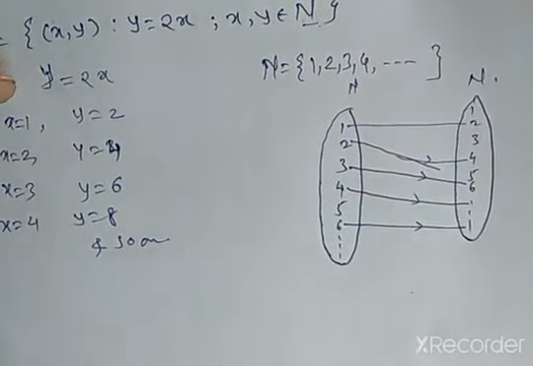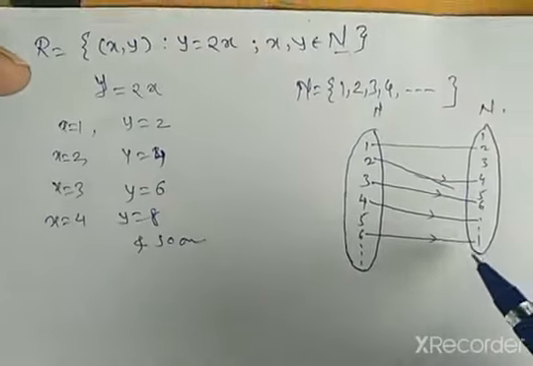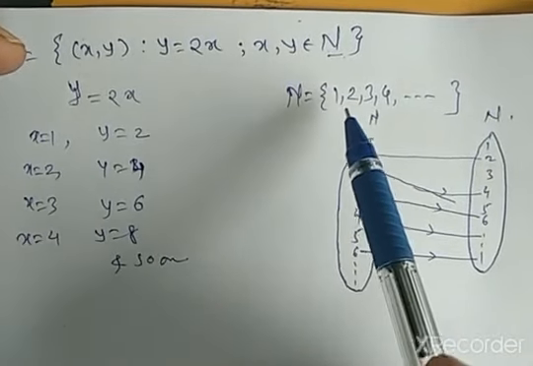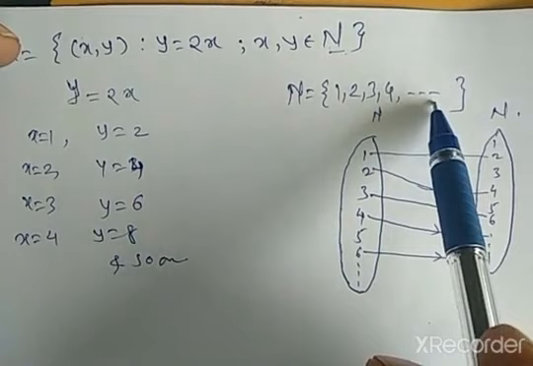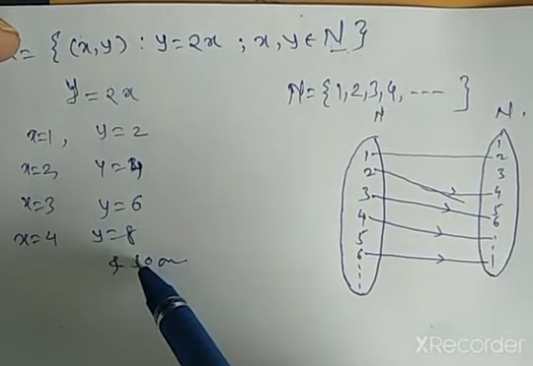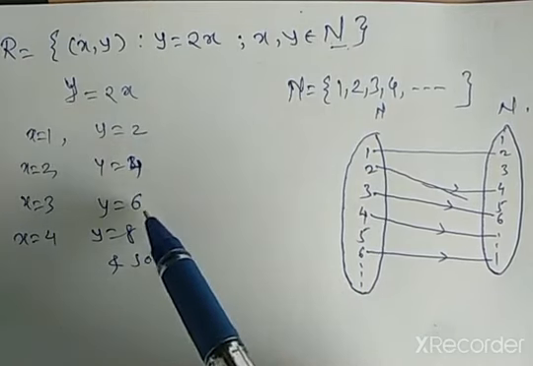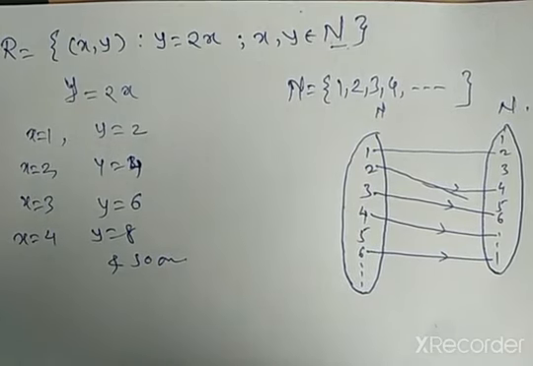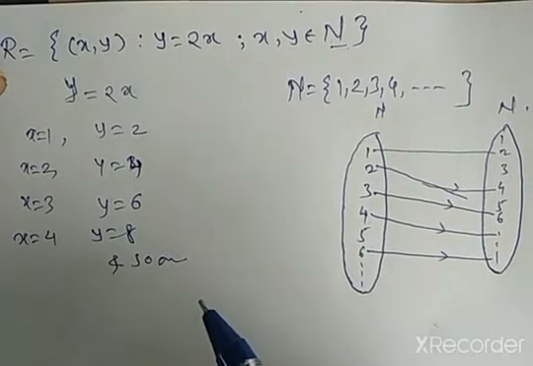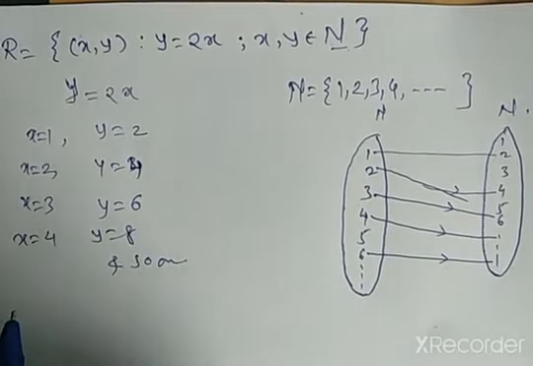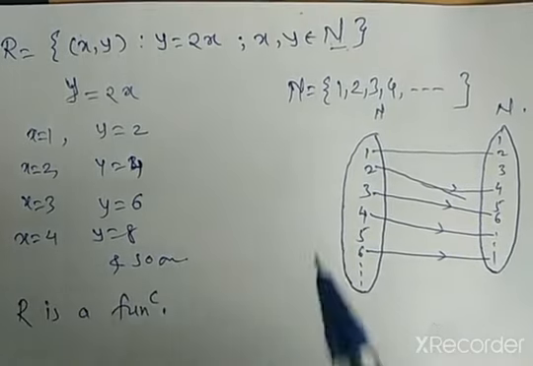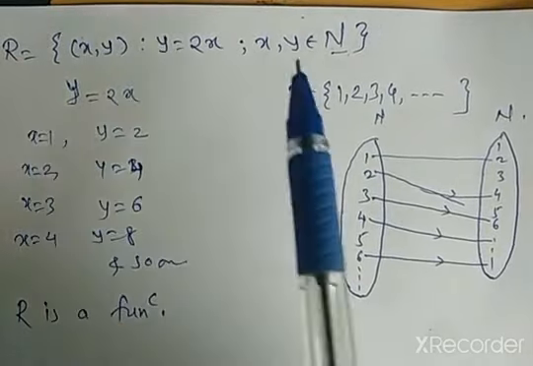So by the arrow diagram, or in general by observation, you can say that for any value of n, the image is again a natural number only. y equal to 4, 6, 8, 12, 14, 16 and so on are all natural numbers only. So we can say that the given relation R is a function.